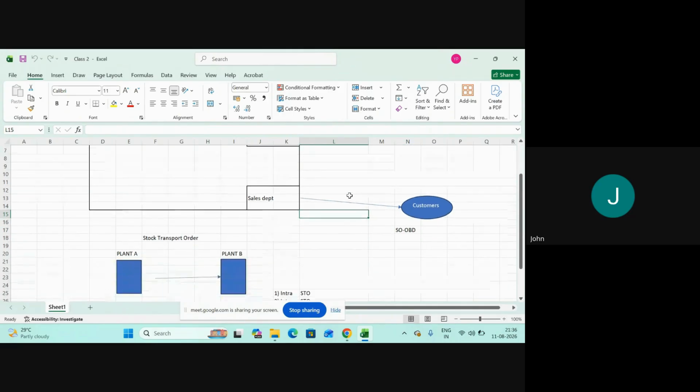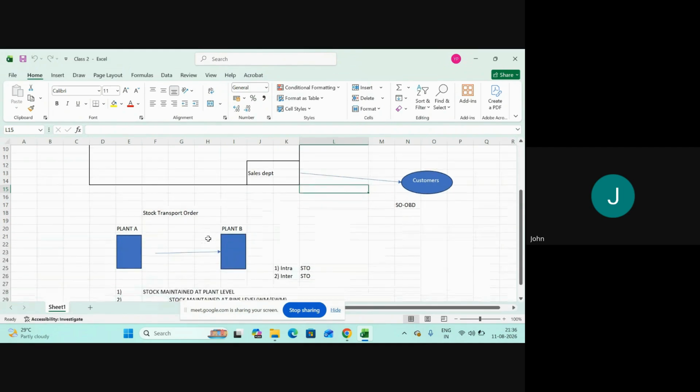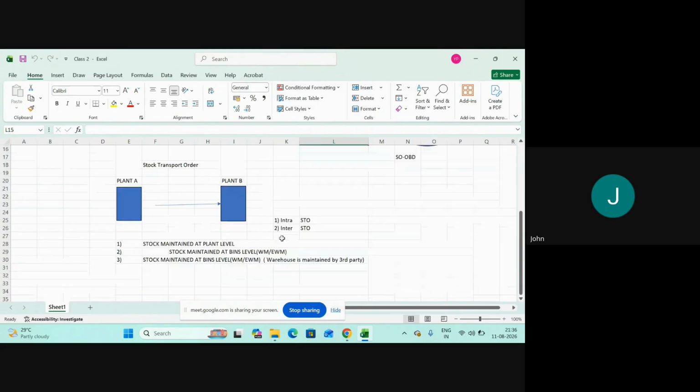And the third one is STO, stock transport order. Whenever there is a goods movement within the company code of your ERP architecture. In the stock transport order also we have intra and inter. Intra means within the company code. If the stock transfer is between your plant A and plant B, it's nothing but your intra company stock transfer.